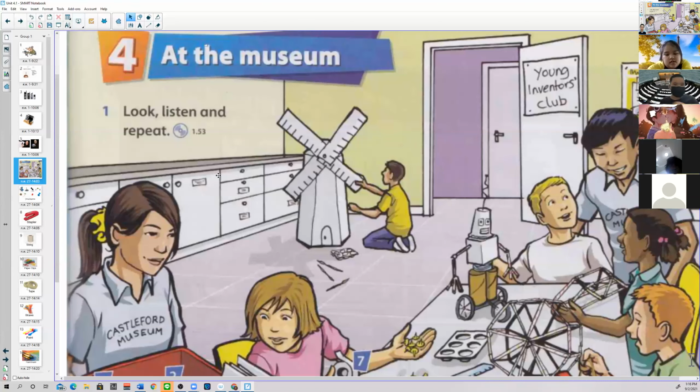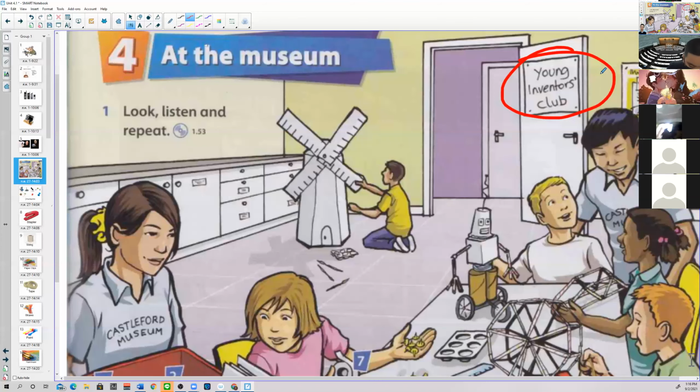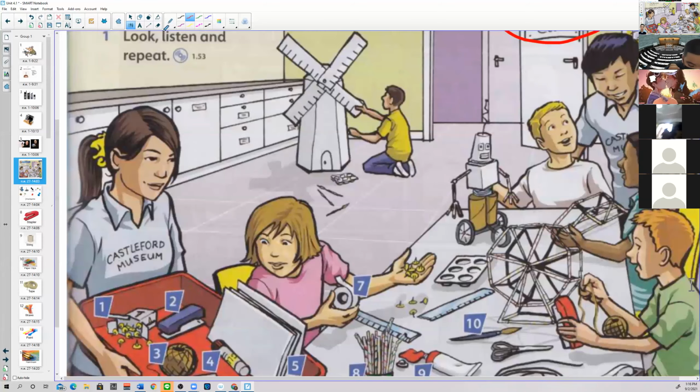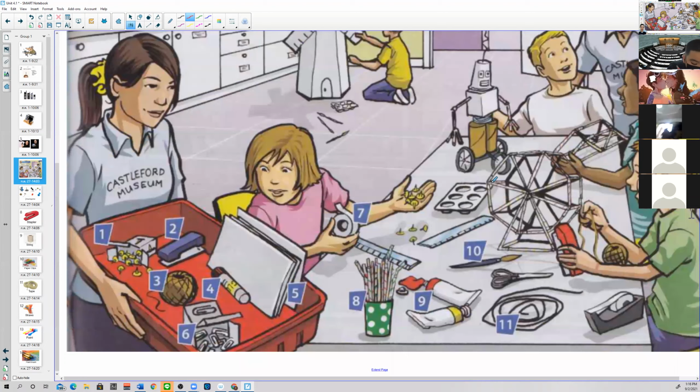They're probably in the school because Unit 4 just says at the museum, but it didn't really tell you much except for this one: Young Inventors Club. So it's for students who like to invent new stuff. Here, let's take a look at the red box and the table. These are the vocabulary that we will be learning today.